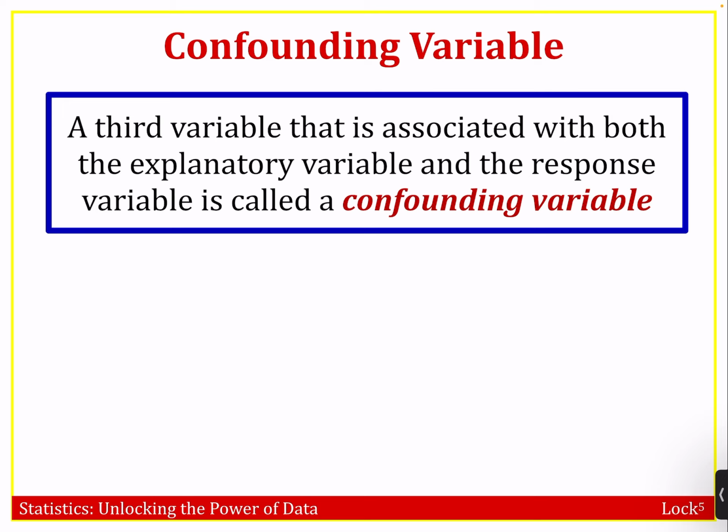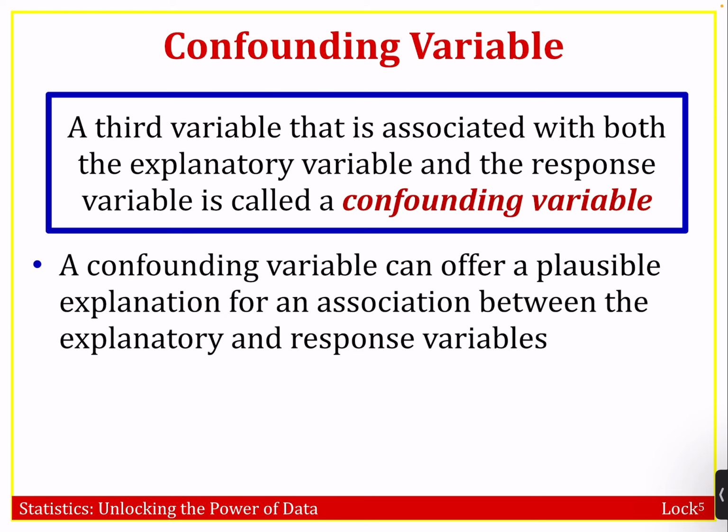A confounding variable can offer a plausible explanation for an association that we see. Whenever we have confounding variables, or think we might have confounding variables, a causal association cannot be determined unless we do more work. We have to do more work, and we'll talk about that.